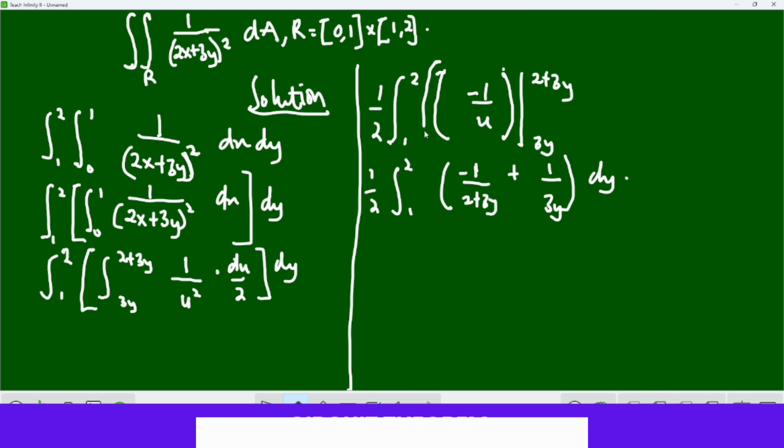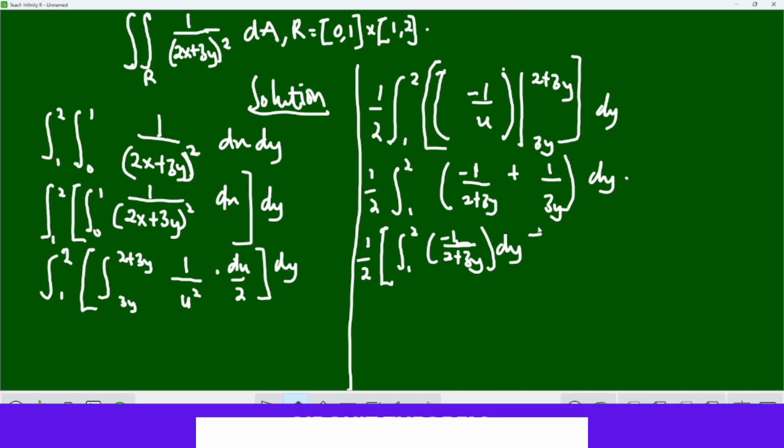So now for 1 over 2, I can expand this so that it will be easy for me: from 1 to 2 of negative 1 over 2 plus 3y dy, plus another integral from 1 to 2 of 1 over 3y dy.